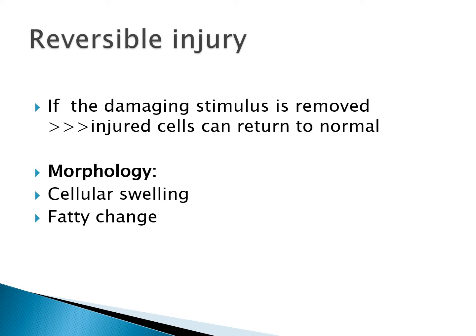Now the cell can go back to normal, but during the reversible injury it can undergo certain changes. Now remember always that an injured cell, whether it is reversible injury or irreversible injury, the function is lost. But in reversible injury, the cell is still alive, whereas in irreversible injury, the cell is dead.